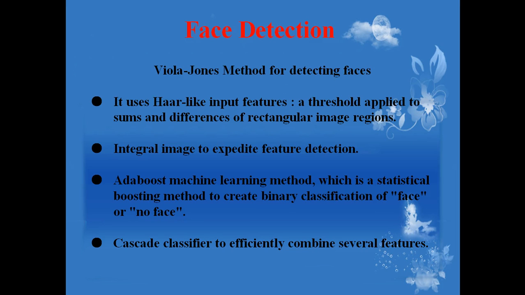The filters at each level are trained to classify face images that pass all the previous levels. If any one of the filters in the chain fails to pass an image region, it is immediately classified as not a face. Only those regions that pass through all the filters are classified as a face. This method is termed cascading.